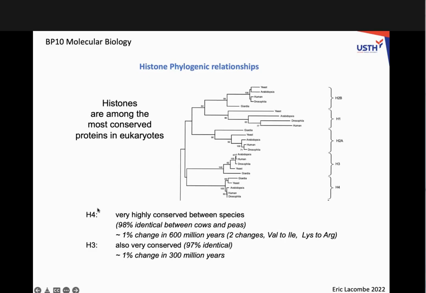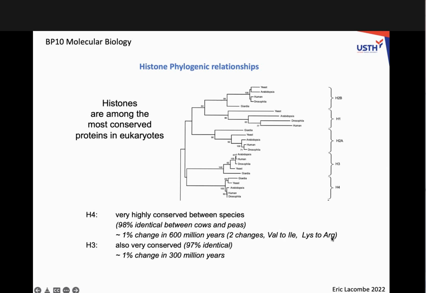Technically, in the full protein sequence of H4, in 600 million years, they found only 2 changes in amino acid. One valine to isoleucine and one lysine to arginine. In terms of biochemistry, valine and isoleucine are neutral amino acids, and they have exactly the same function.